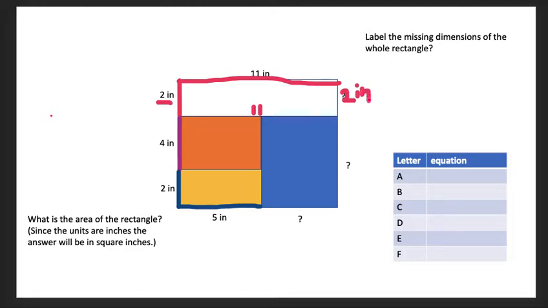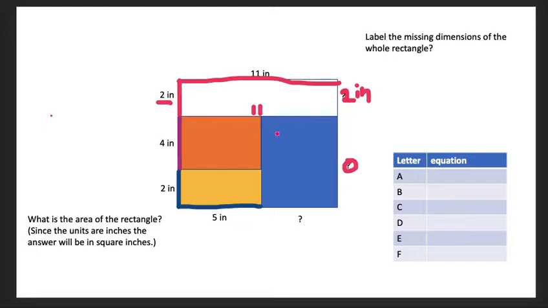So we know that. But now we have to figure out what this side of the blue rectangle is. How can we figure that out? Pause the video and think about what other information on this rectangle could help us figure out what length this is. Resume the video once you give it a try.